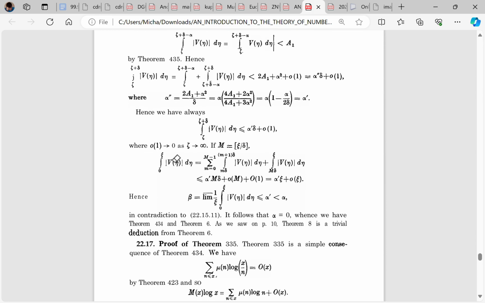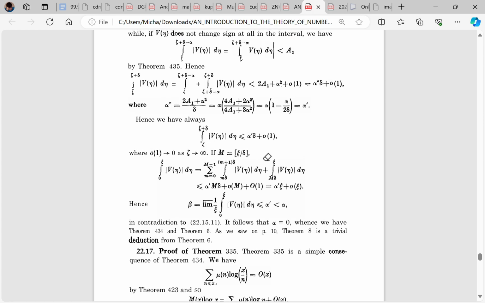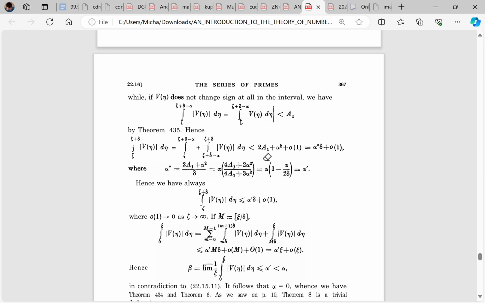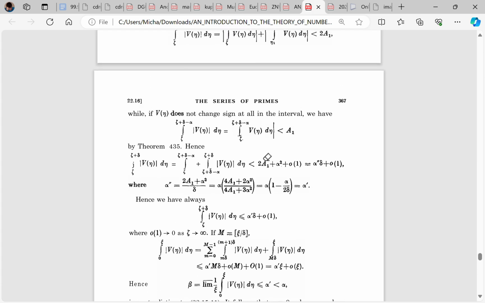Alright, almost there. This is the final part of the proof. So, yeah, little o(1) just means it goes to 0. But sometimes it's confusing what variable goes to infinity, so in this case it's zeta. So these things are all sort of functions of zeta.